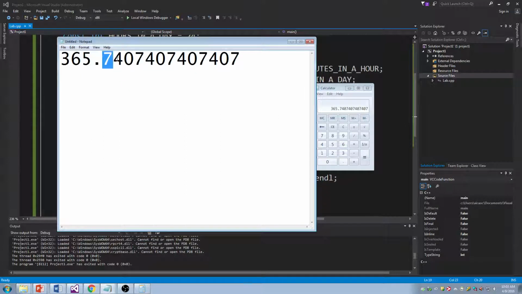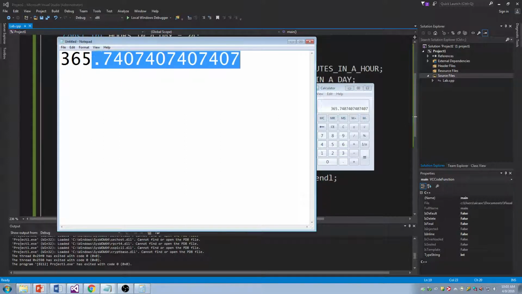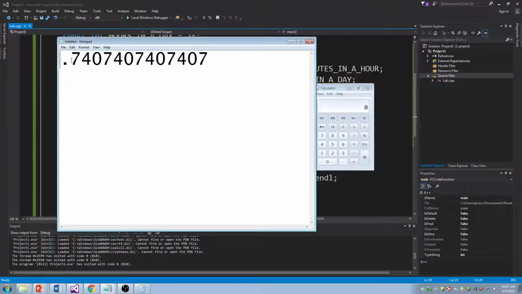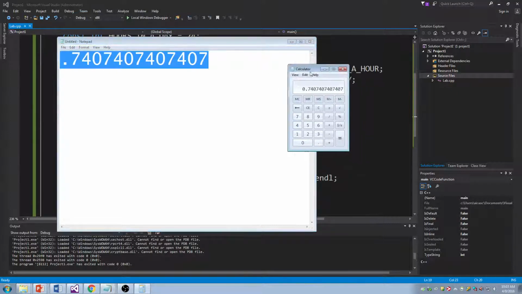Well, what does this number represent? If I just typed in this number, this is how many days I have as remainder, but this is in a day format. If I take this number here, I multiply it by 86,400. Sorry, I'll do it a little bit better.